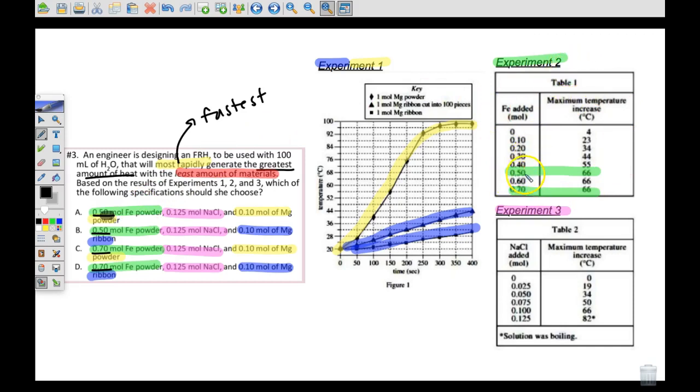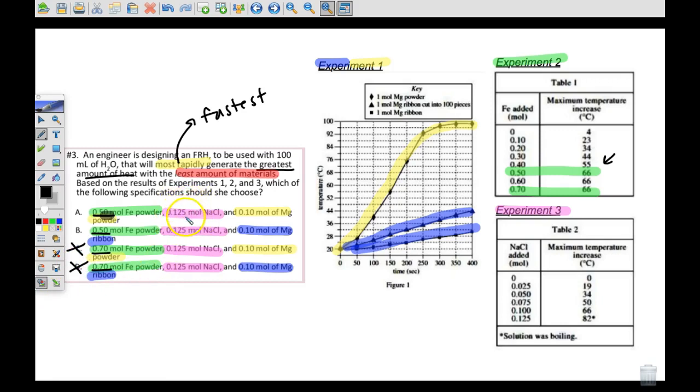And it says, 0.5 moles created 66 degrees of heat, and then 0.7 moles also created 66 degrees of heat. So if it gives me the same amount, because clearly the temperature is plateaued, I'm going to go with the lesser amount to save on materials. So C and D are both out as options.